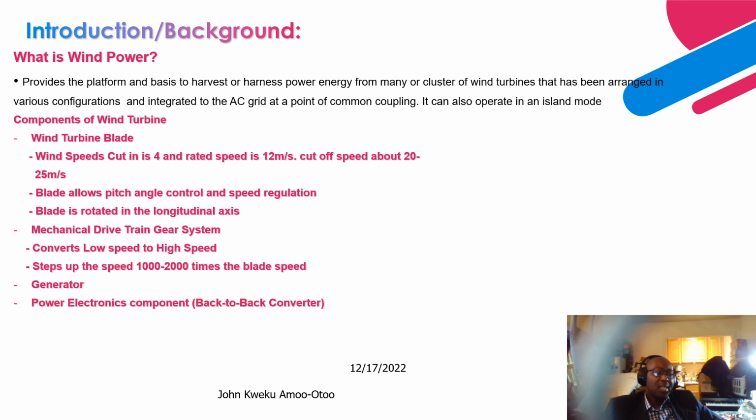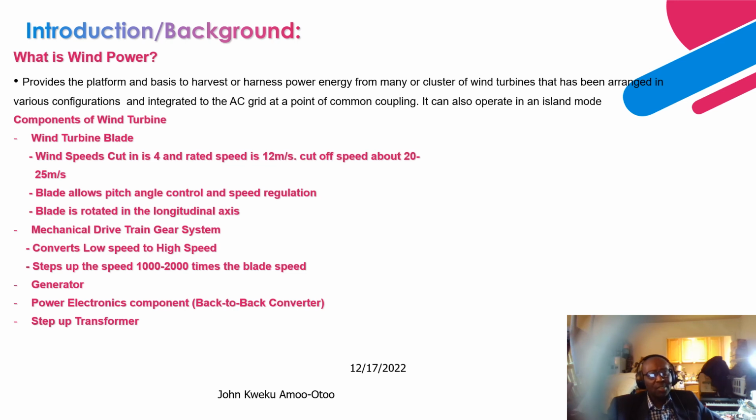Next is the mechanical drive train and gear system. The mechanical components of the wind turbine consist of a slow speed shaft and the gear system. And what is the purpose of the gear system?